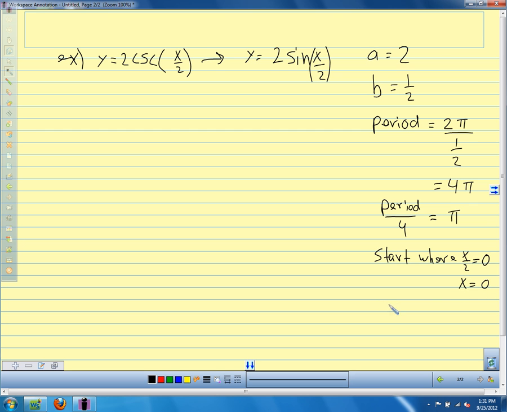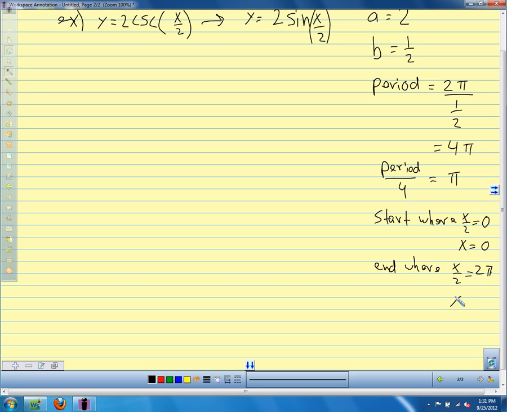And we're going to end one period where x over 2 equals 2 pi, and we could guess, because we're not shifting, since our period is 4 pi, we're going to end where x equals 4 pi. Since we're not shifting left and right, we can just go from 0 to 4 pi.